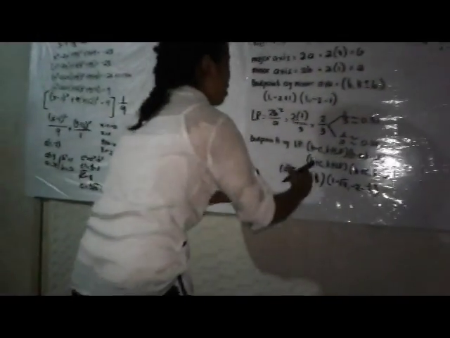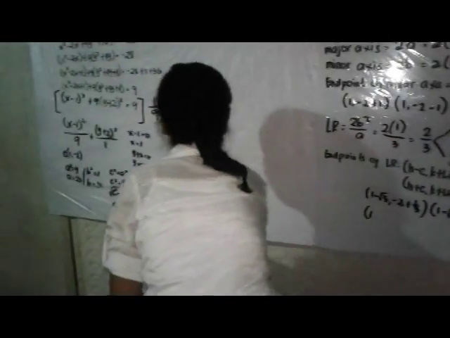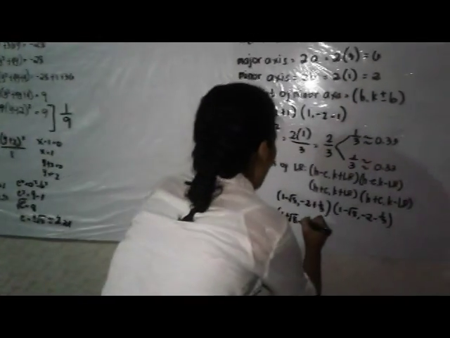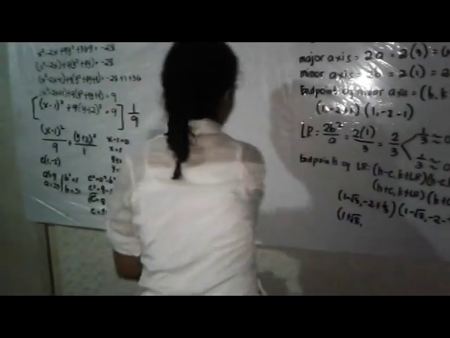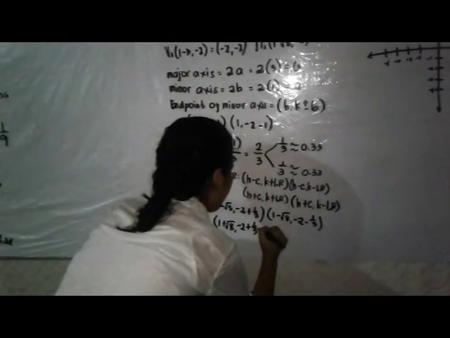The third one is H, positive C, so our H is positive 1. Then our C is square root of 8, so we have positive square root of 8. Then our K, which is negative 2. Then our LR, which is positive 1/3.